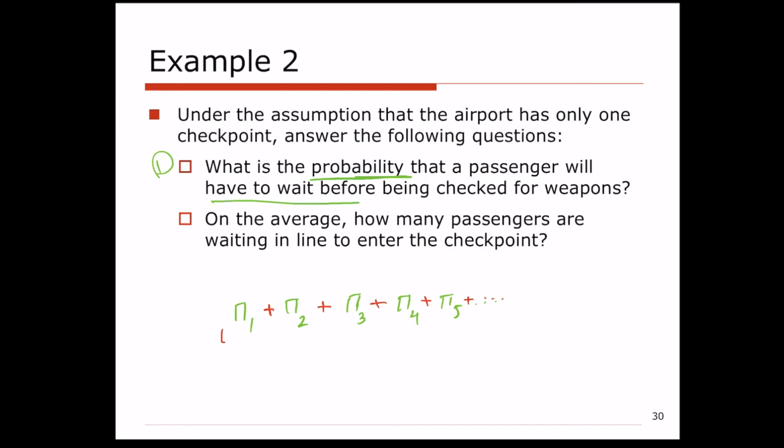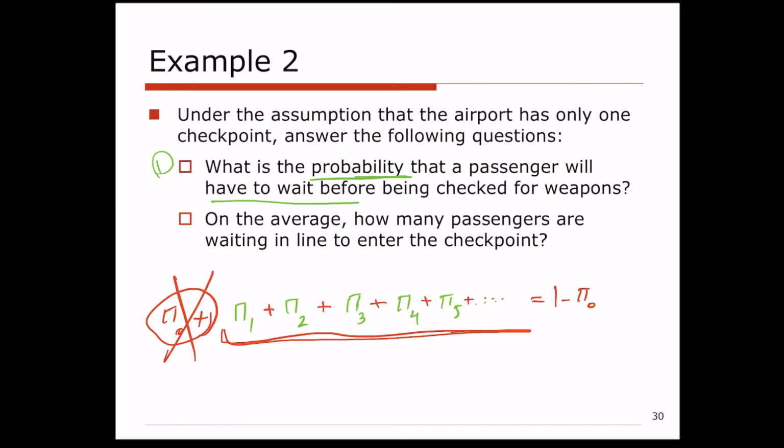So this sum basically is giving me the probability that the person that comes to the system has to wait in the system before being checked. What is the value of the sum of these probabilities? We know that pi 0 plus pi 1 plus pi 2 and so on all the way equals 1. So if pi 0 is not included in this sum, then this sum will be 1 minus pi 0. So to be able to find the answer to this sum, all I need to calculate is 1 minus pi 0.